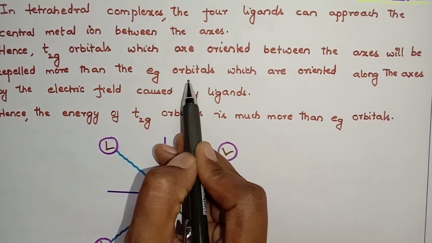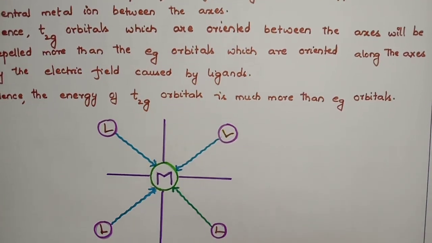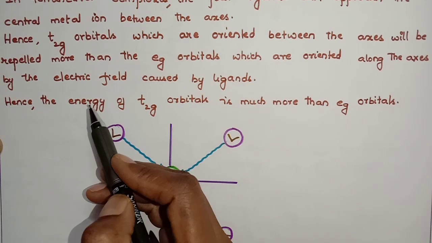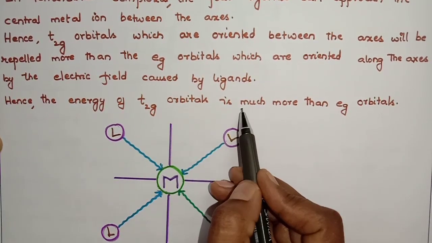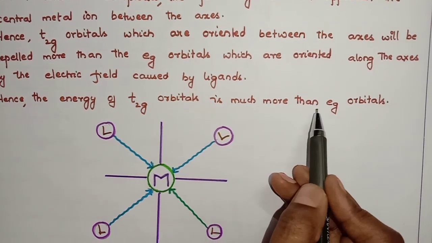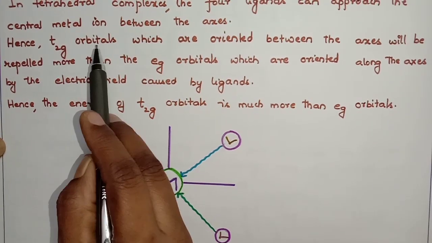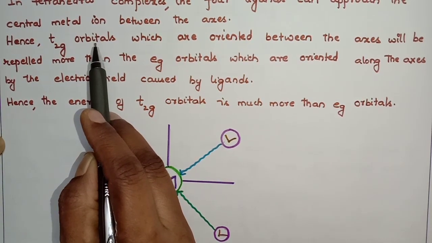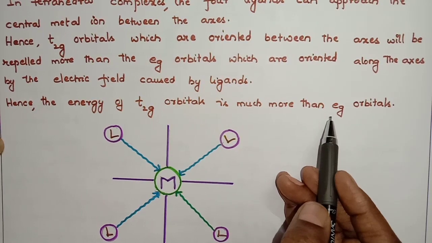Why these are not repelled more? As they are oriented along the axis. Okay. So because of this, what is happening? The energy of t2g orbitals will be much higher than the eg orbitals. Okay students, as t2g orbitals are being repelled more, their energy will be higher than that of eg orbitals.